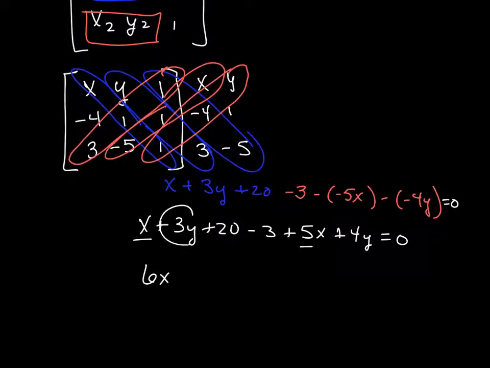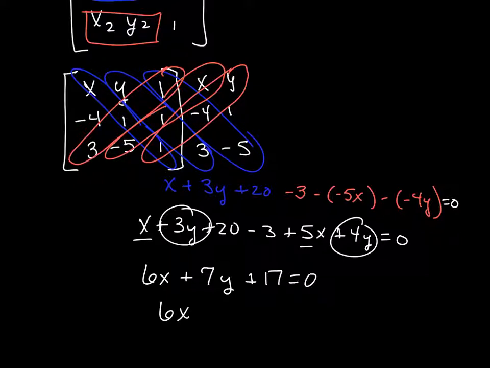I combine my y terms, plus 7y. And then I combine my constant terms, so this becomes plus 17 is equal to 0, or in standard form, 6x plus 7y is equal to negative 17.